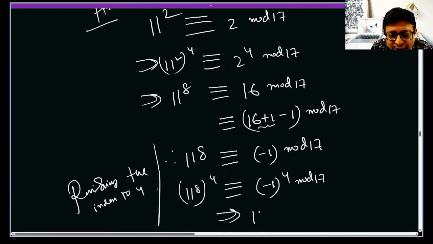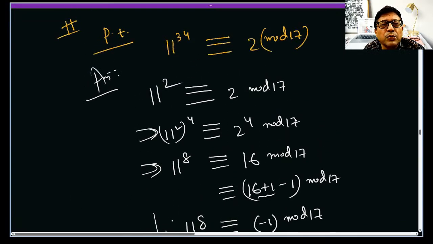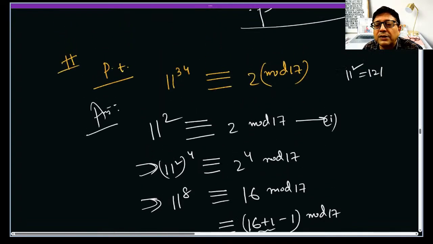What does this imply? 11 to the power 32 is congruent with 1 mod 17. Not finished yet, but we have reached very close to 34. We have 11 square. We have 11 to the power 32.